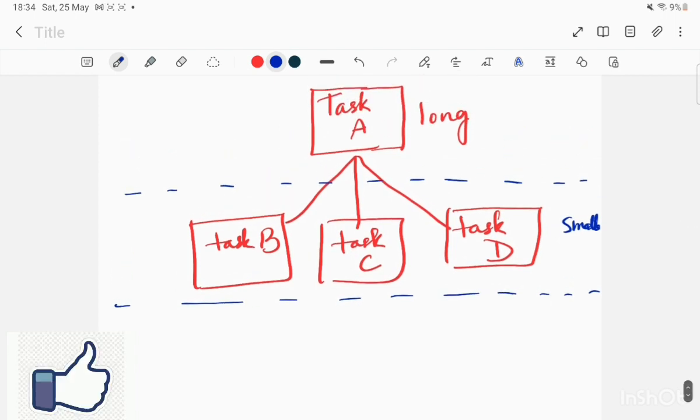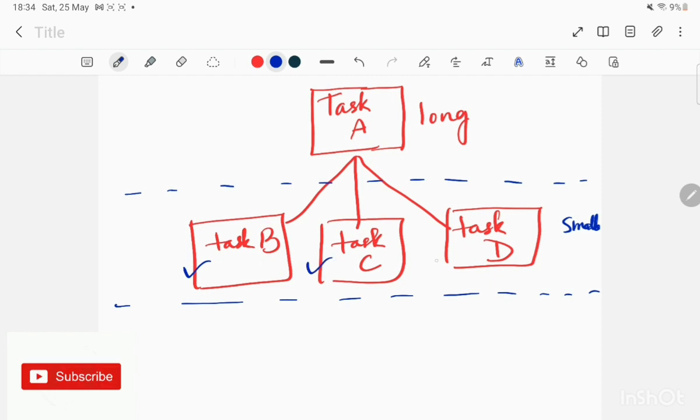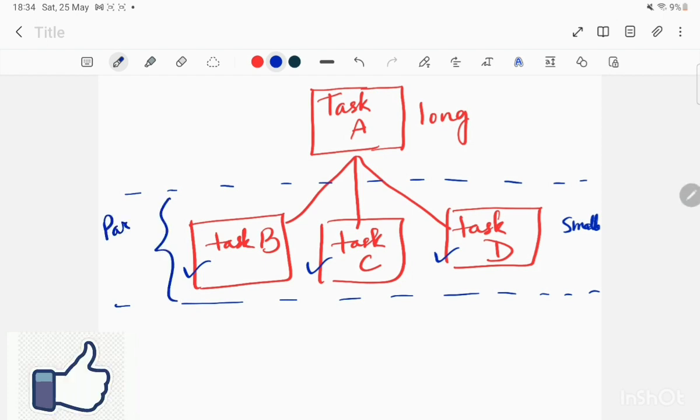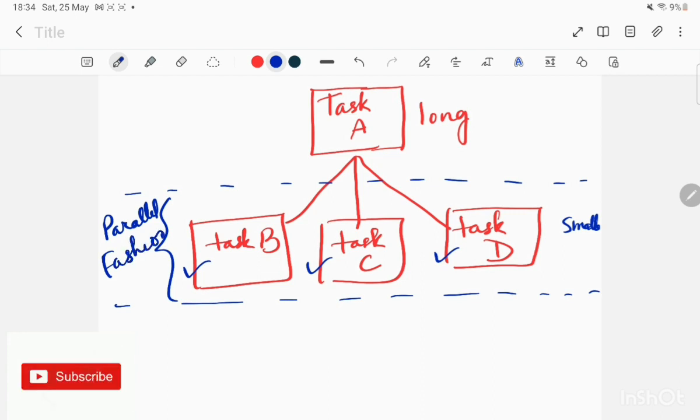Then instead of one machine, what happens? Three different machines take up these tasks and complete them in a parallel fashion. So they are doing this work in parallel fashion, and at last they will assemble the result.